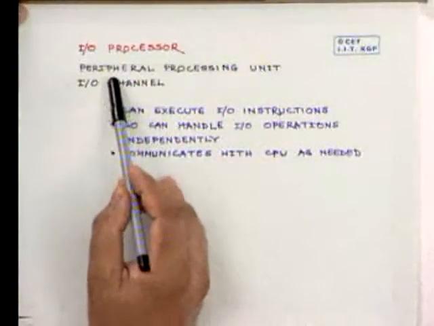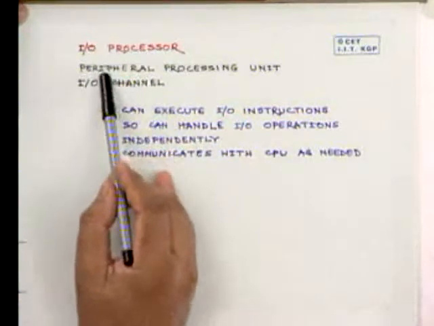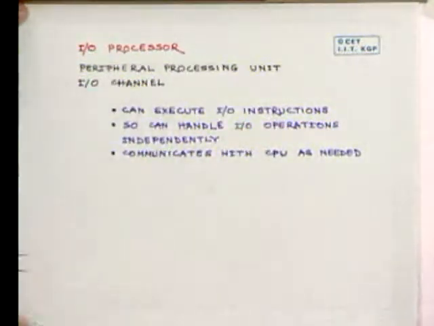One more thing that I would like to mention, though I will not go into details as it is beyond the scope of our lecture, is the I/O processor. This is sometimes called a peripheral processing unit or I/O channel.